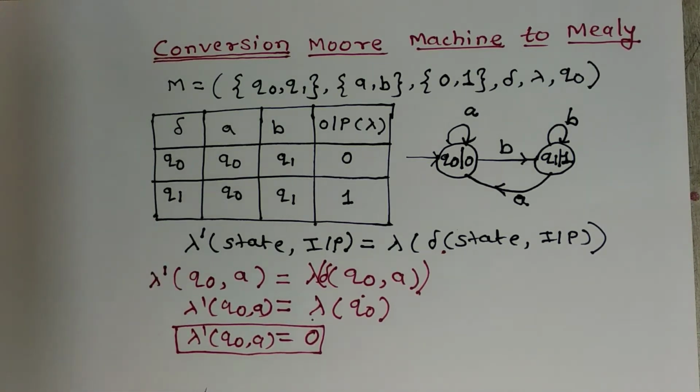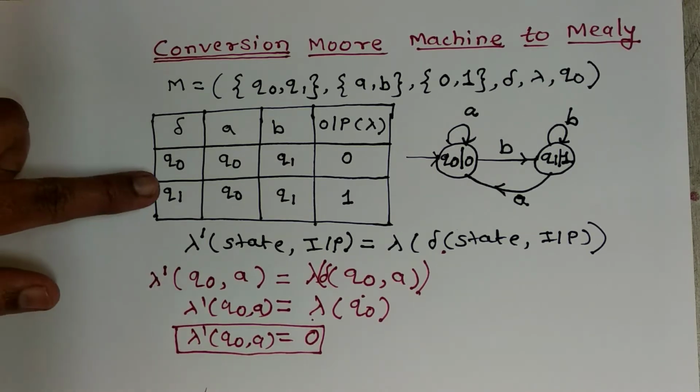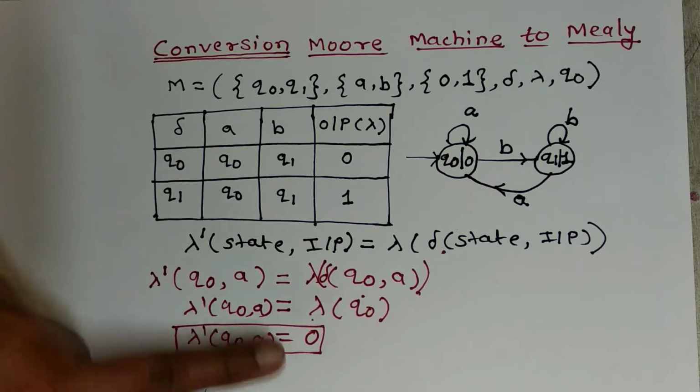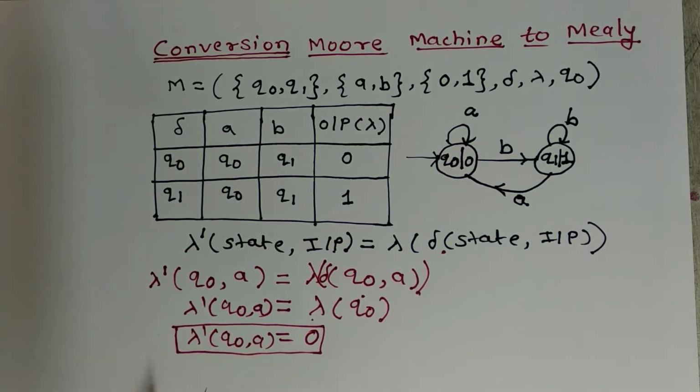After completing that, we are going to calculate Q1 over A and Q1 over B. Then we will get the tuples for drawing the Mealy machine. See how they can be calculated.